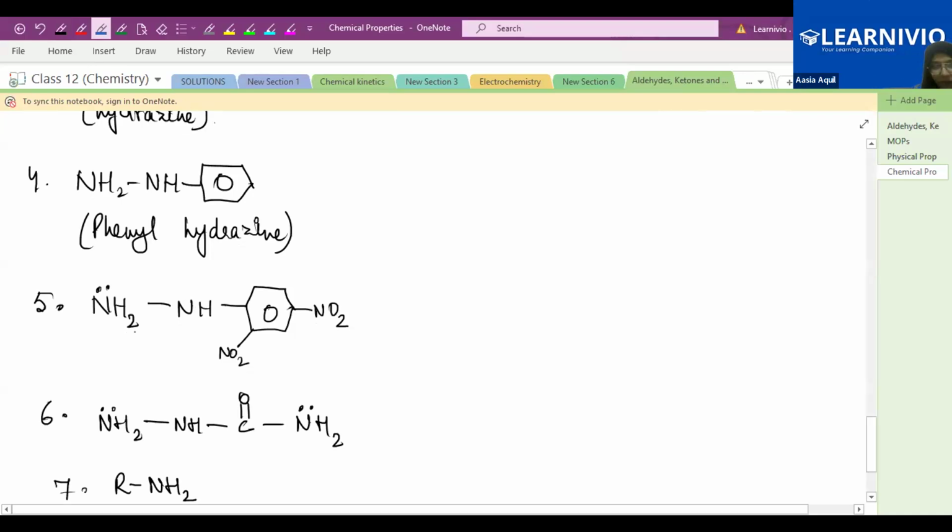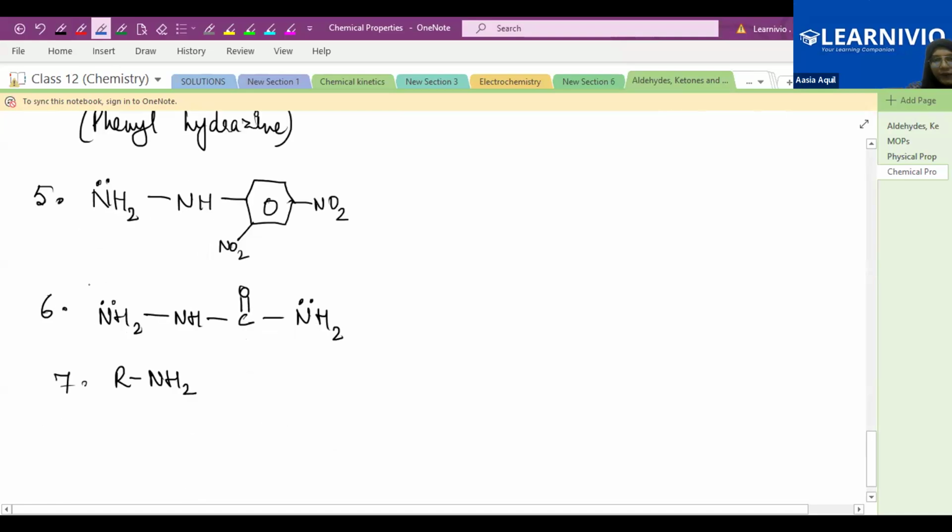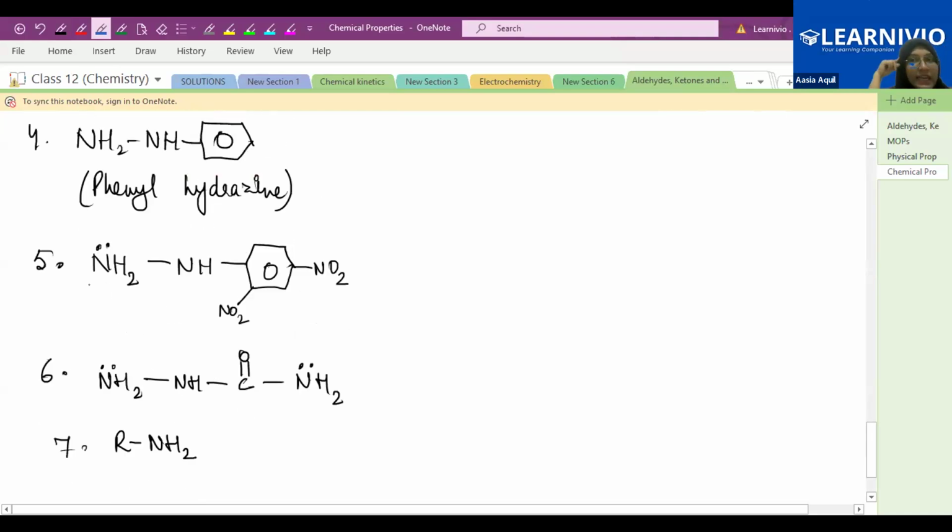Can anyone tell me the name of the fifth reagent? What is this? Benzene, and on the ortho, suppose this is the NH2 group. You have to tell me the name.